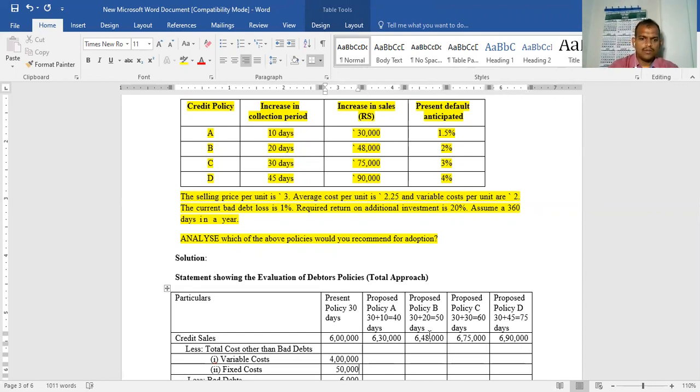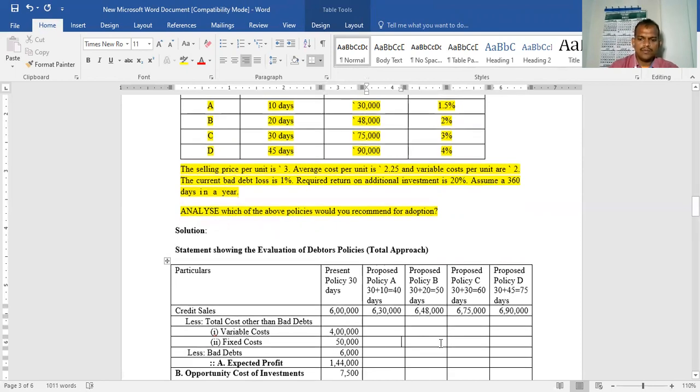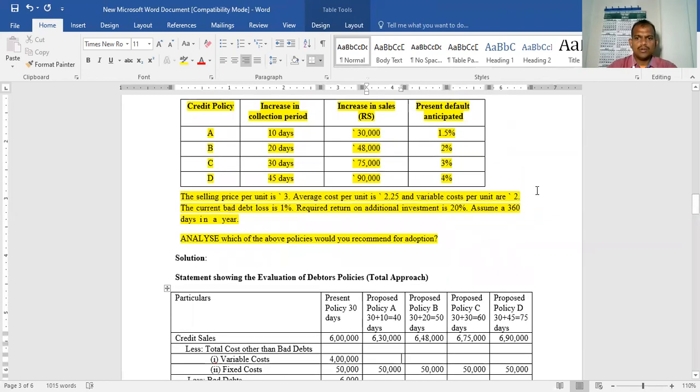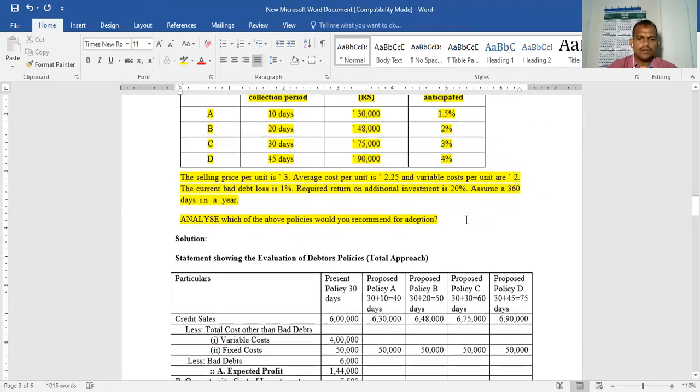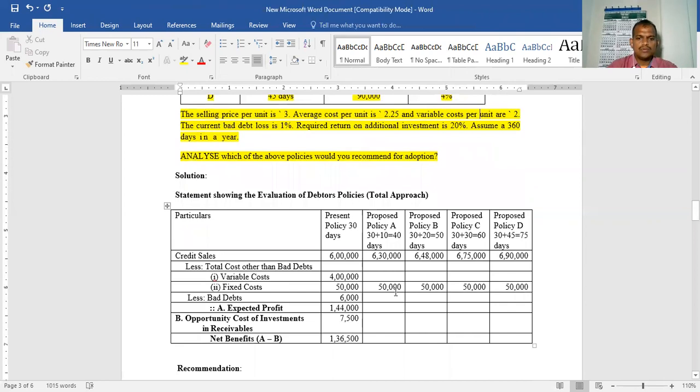Now fixed cost, no need to worry about it. We already calculated it because it is fixed in nature. So coming to the variable cost, per unit is 2 rupees, right?